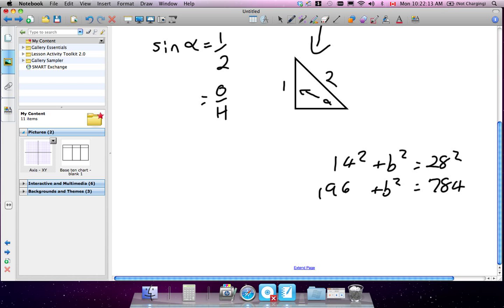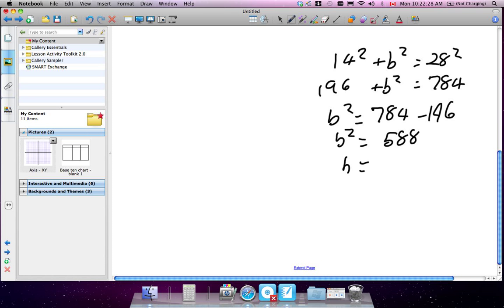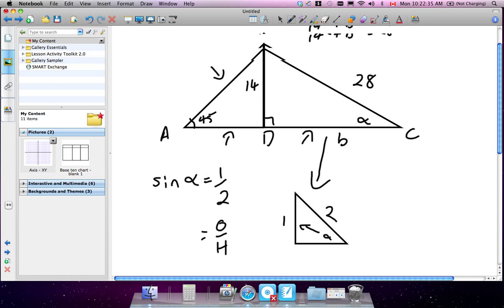I move 196 to the other side, subtract 196. We get 588, and we have to find the root of that. 24.2. So essentially, our other distance here should be 24.2. So using Pythagoras, we found those three sides.